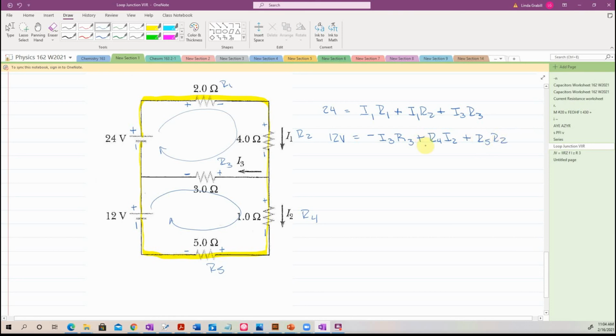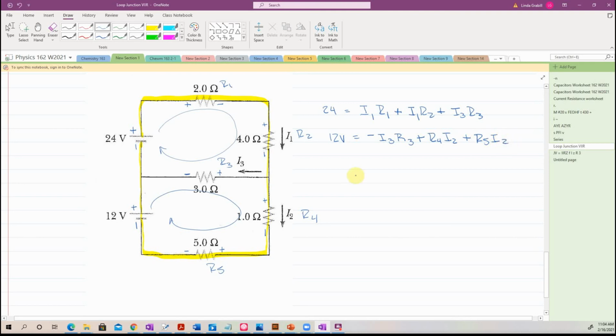Now this looks like I have multiple unknowns, but I have I1 and R5, I2. Phew.